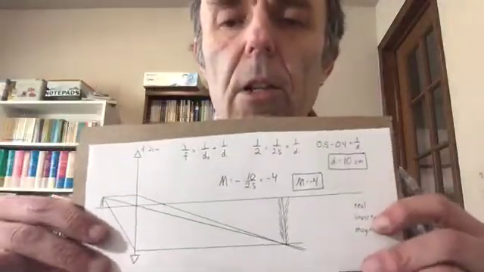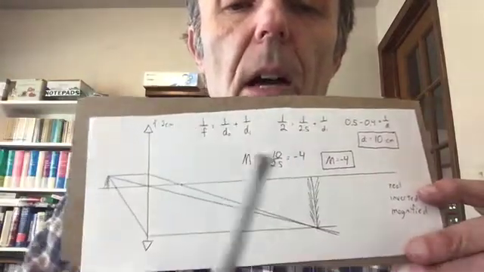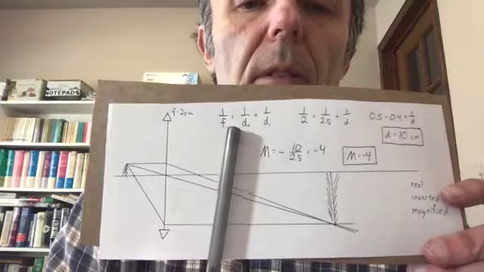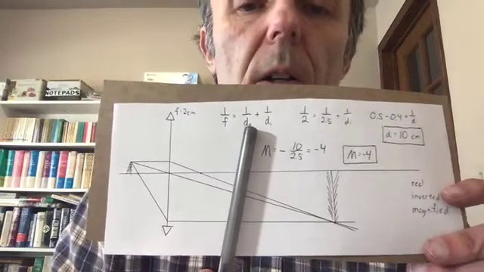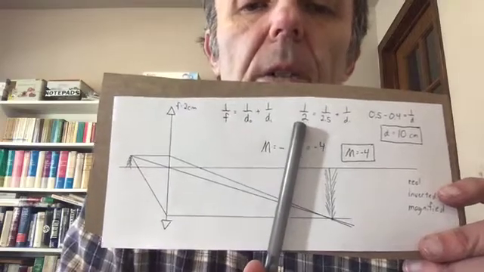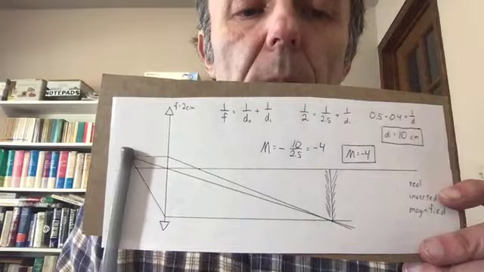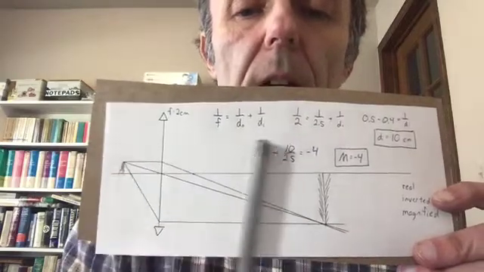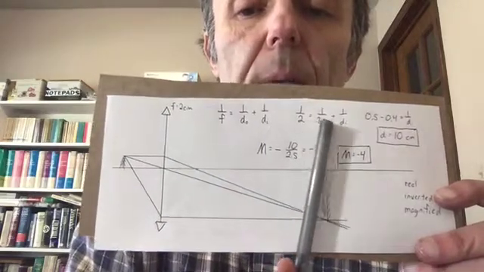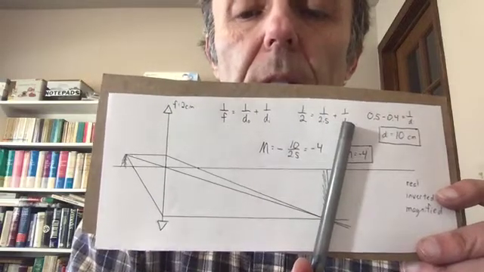So same picture, but now we're going to analyze it analytically. We have our thin lens equation: 1 over f, 1 over the focal length, is equal to 1 over the object distance plus 1 over the image distance. Our focal length is 2 centimeters, so you get 1/2 equals 1 over 2.5, which is the object distance, plus 1 over the image distance.